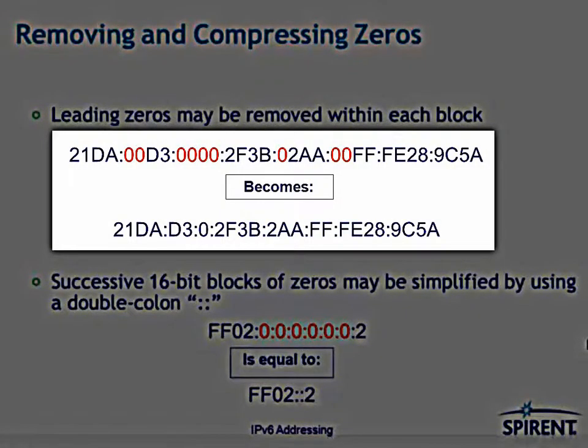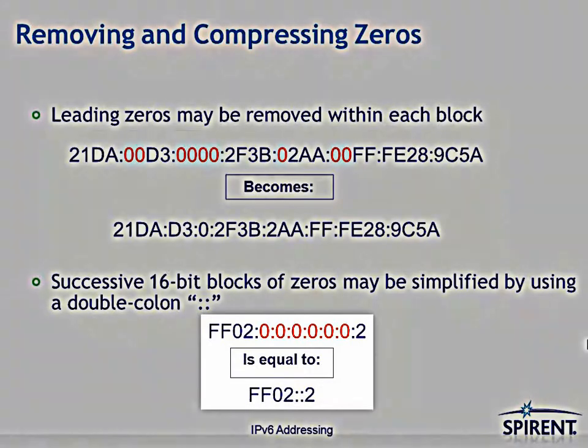The top address that starts with 21DA has been reduced in size. Instead of 00D3, it's just D3. Instead of 4 zeros, we can represent that with just 1 zero. The 0 before the 2AA has been omitted as well, and the 2 zeros before FF have been omitted as well.